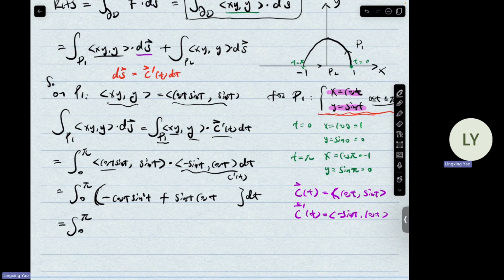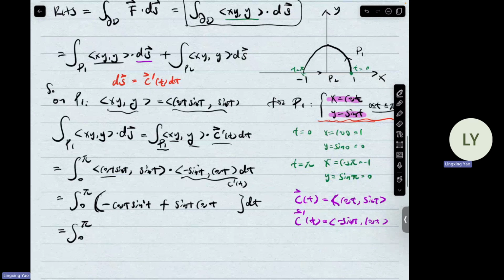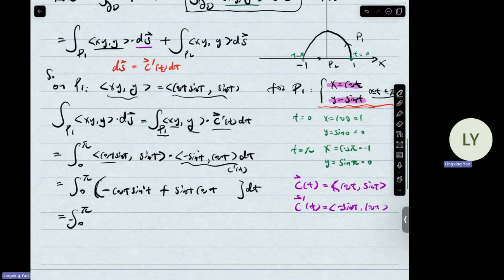Okay, so now everything should be consistent. We need to compute those two pieces.